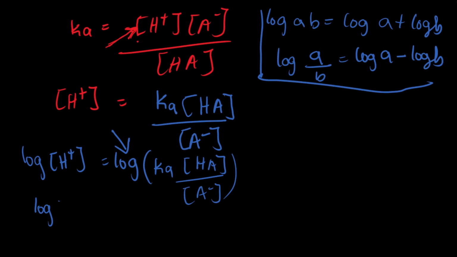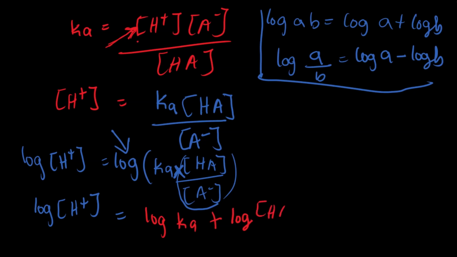Applying that rule on this side, the log of the hydrogen ion concentration is equal to, now notice that Ka actually multiplies this entire expression, so we would have log of Ka plus the log of HA over A minus.